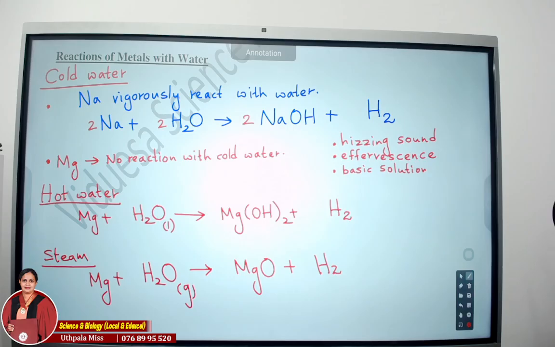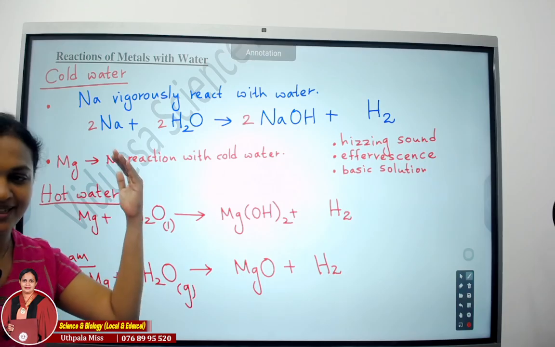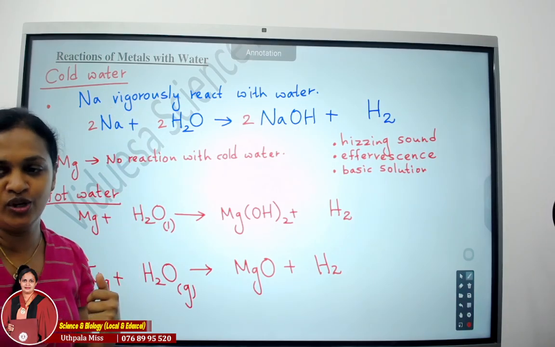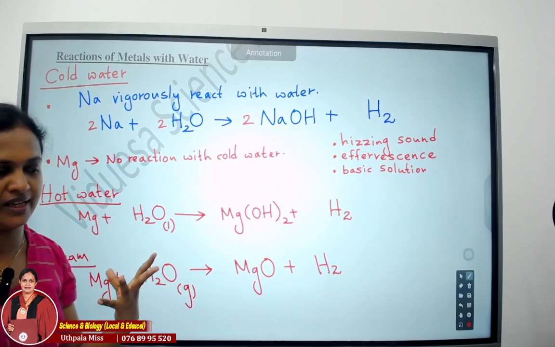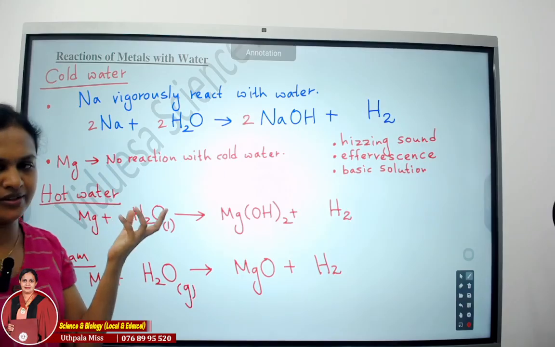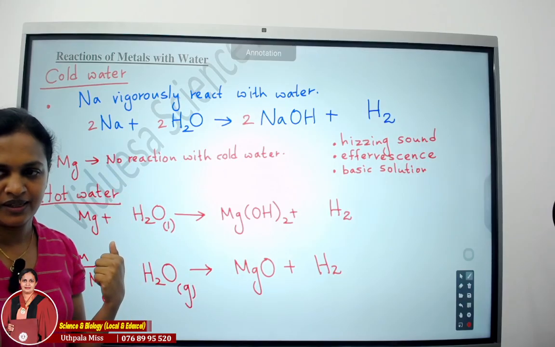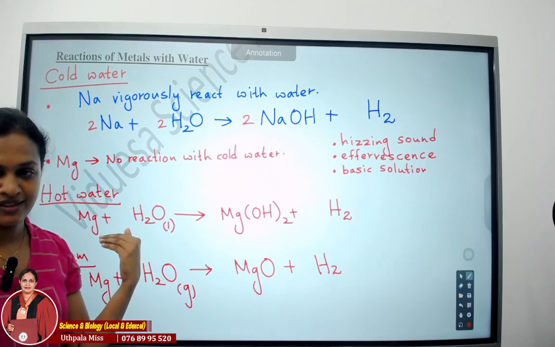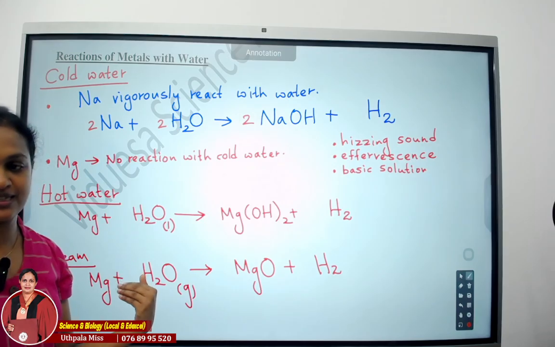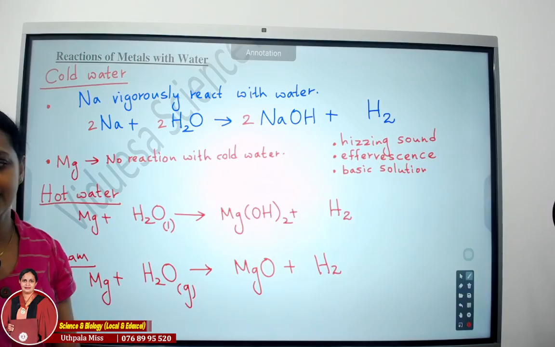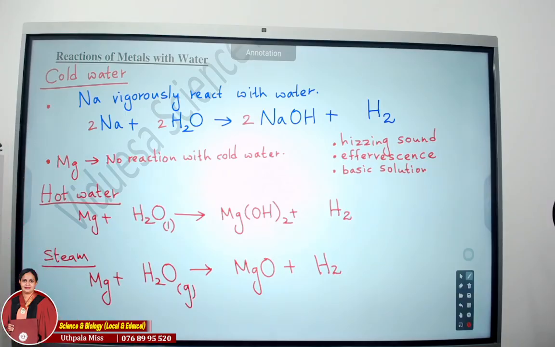Yes, hot water contains more energy than cold water, right? Sodium even reacts with cold water because its reactivity is very high. Magnesium does not react with cold water because its reactivity is less than sodium, but it reacts with hot water and with steam as well. Magnesium hydroxide is further decomposed because of the energy possessed by hot water and steam.